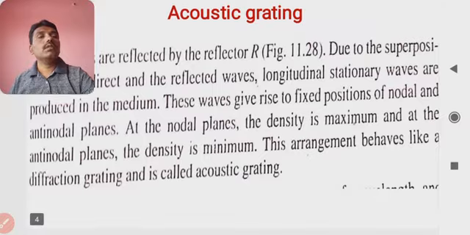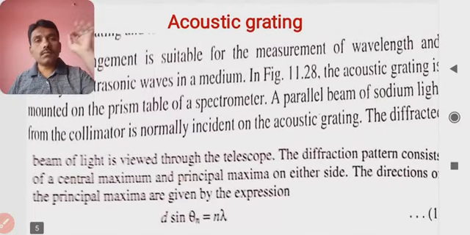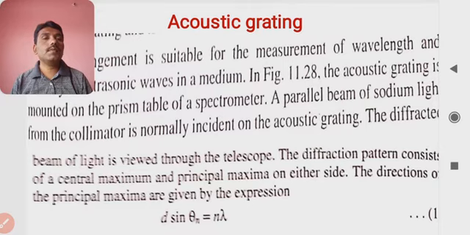And this will give you basically how to calculate the wavelength in that case also, or you can also calculate the different velocities for this particular ultrasonic wave also. Again in this case, in the telescope view, the diffraction pattern consists of the central maxima, the principal maxima, and on both the sides, the maxima on either side.